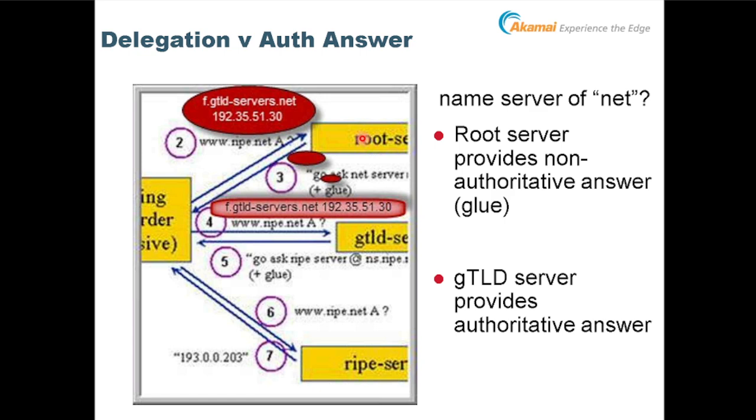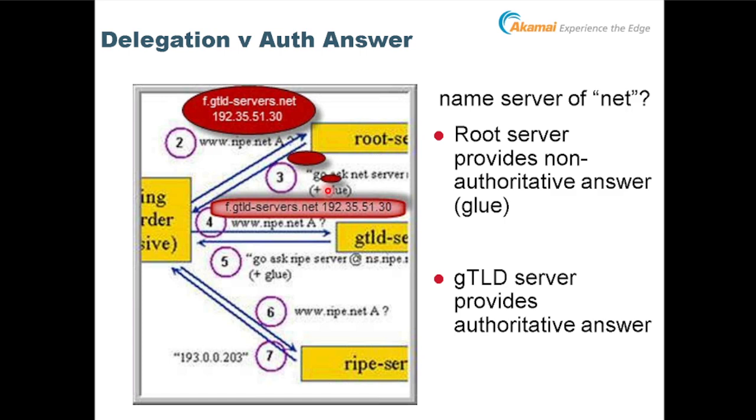But the root server is not the authoritative source. It is not the owner of things inside .NET. Things inside .NET, the answers have to come from the .NET server. The root really has no business handing out this information about this name and this IP address.